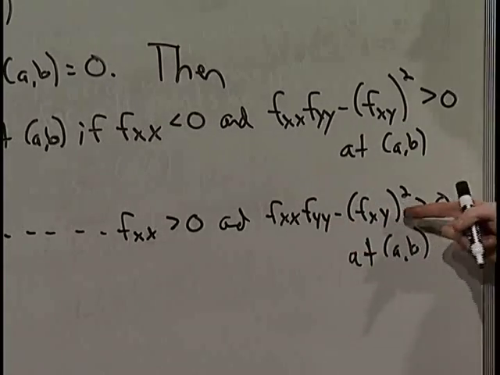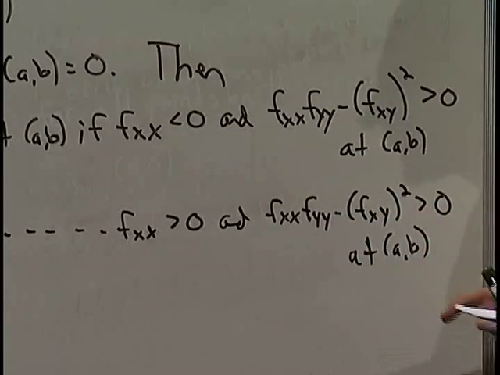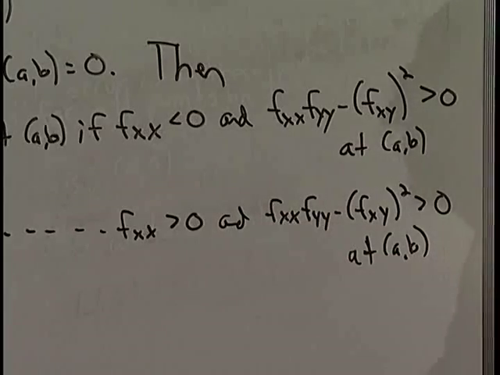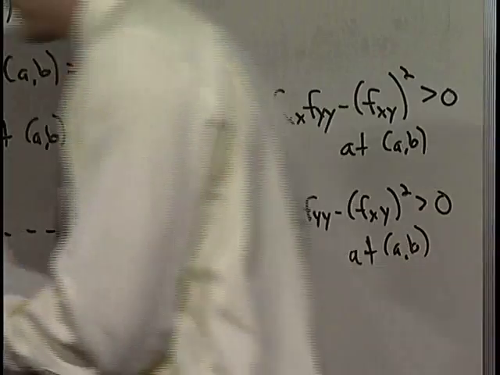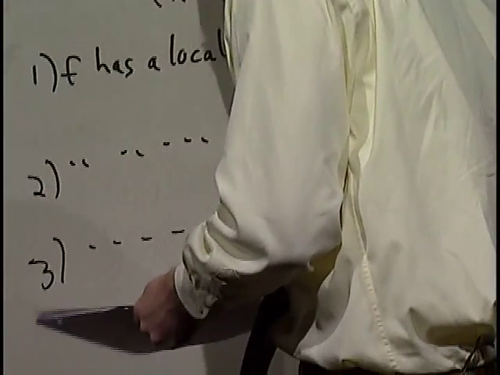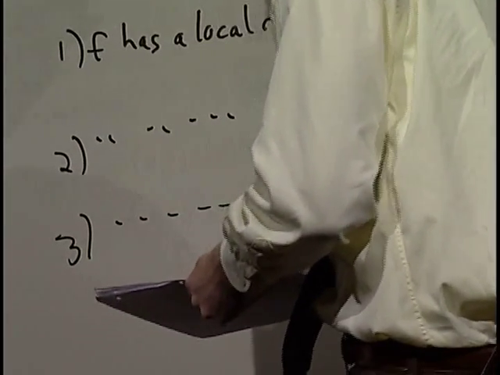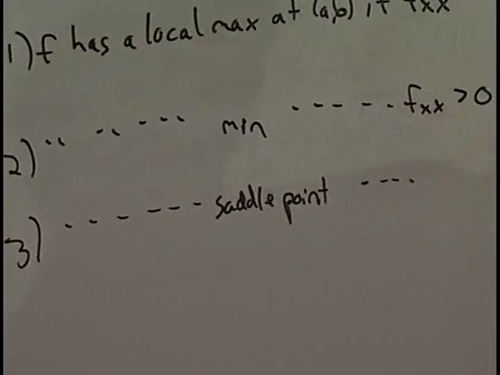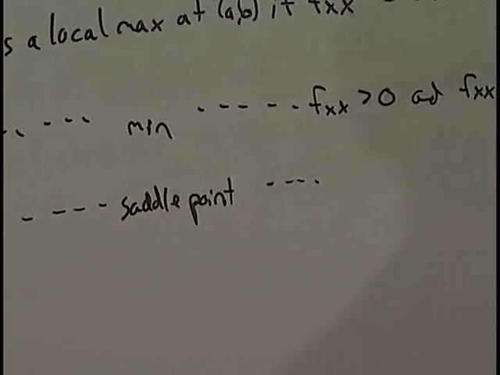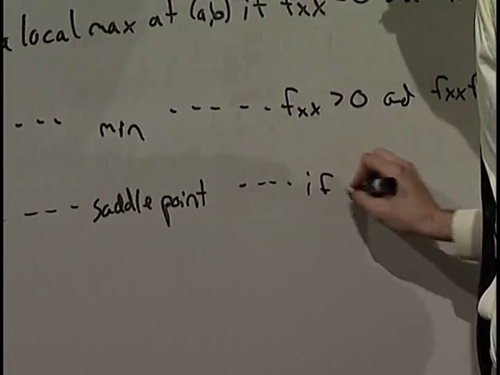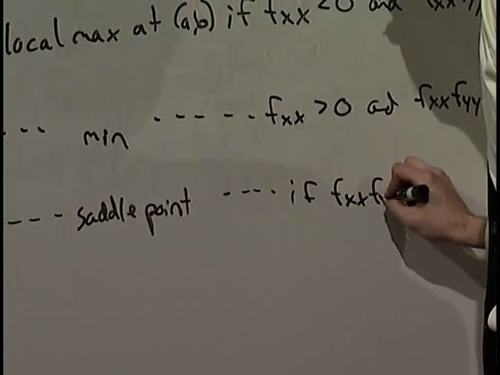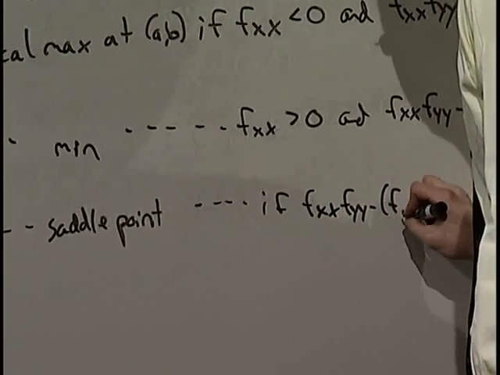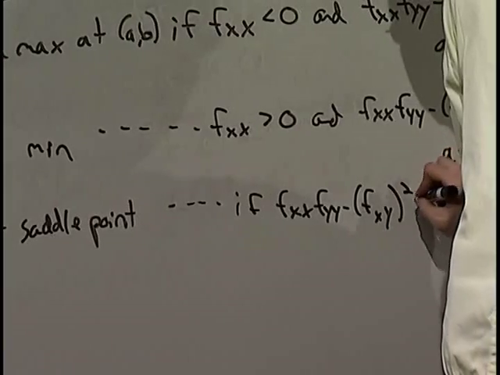So this thing is still bigger than 0. Now your second order partial x is also bigger than 0. Okay? Well, f has a saddle point if this quantity over here is negative. fxx fyy minus fxy squared is less than 0.